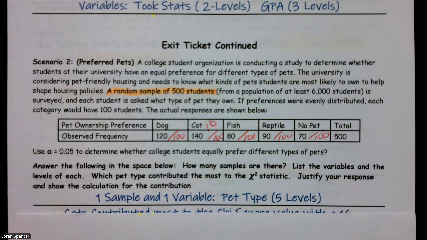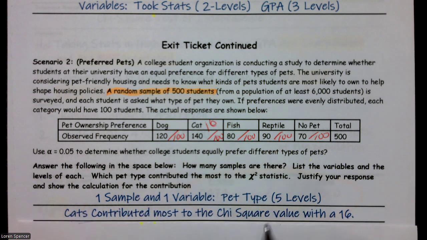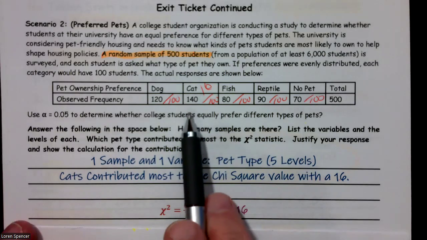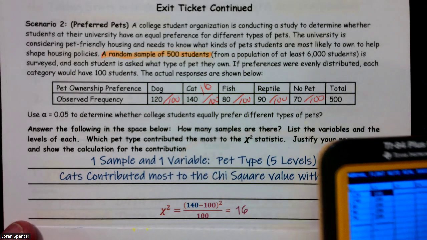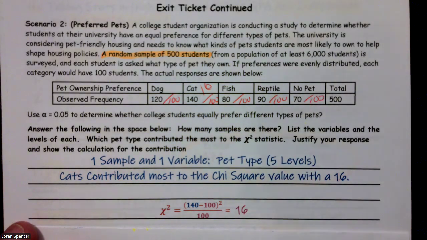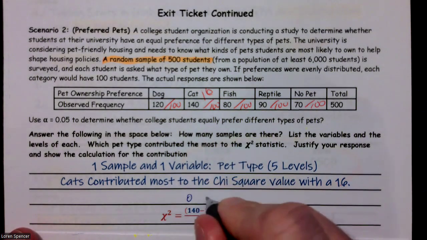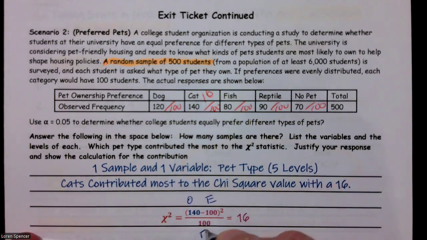And it says, justify your response and show the calculation. Well, cats contributed the most with a chi-square contribution of 16. We pulled that off the calculator. But what about the computation? Well, the computation would be 140 minus 100, divided by 100, because this is my observed and this is my expected.